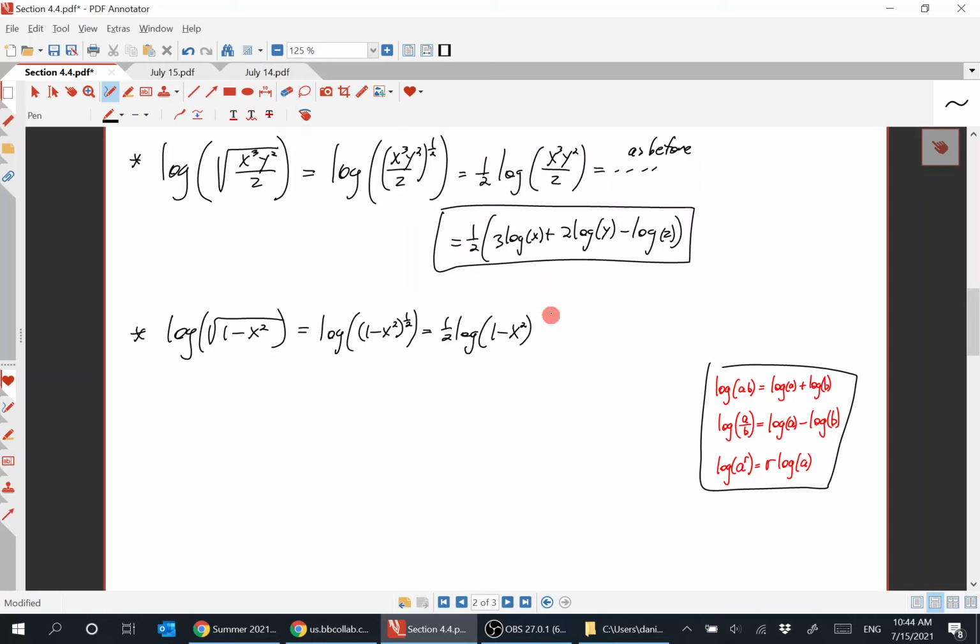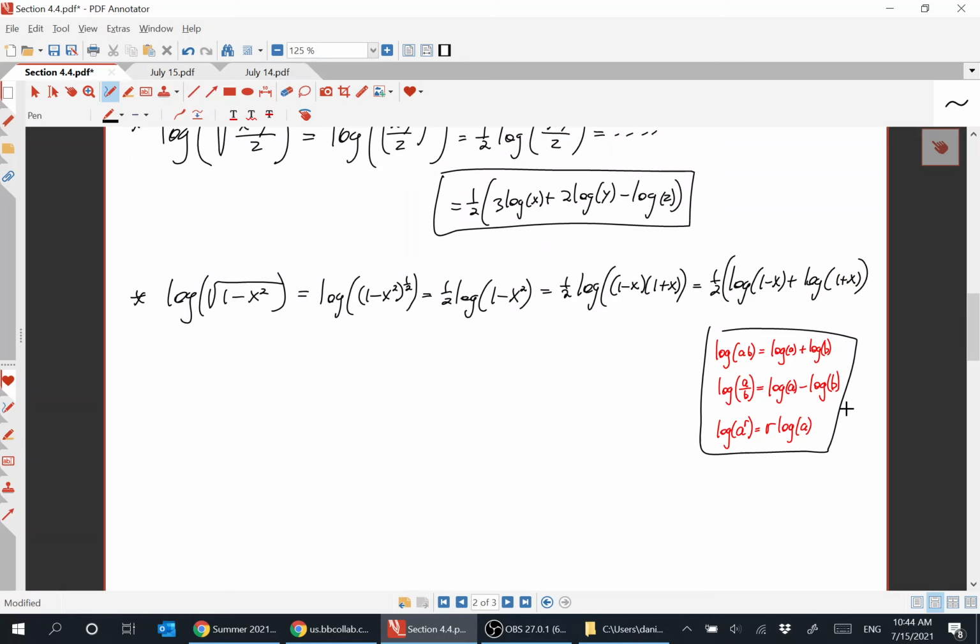Well, 1 minus x squared, that factors, right? 1 minus x, 1 plus x, right? So a difference of two squares there. So this is 1/2 log of (1 minus x) plus log of (1 plus x), like that.